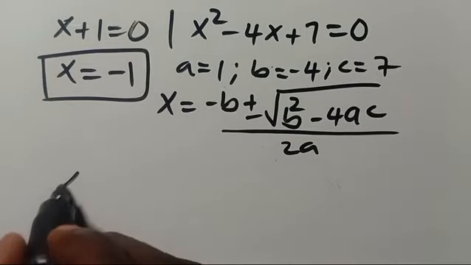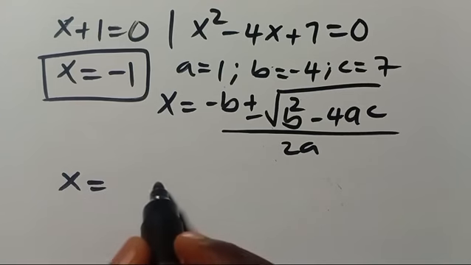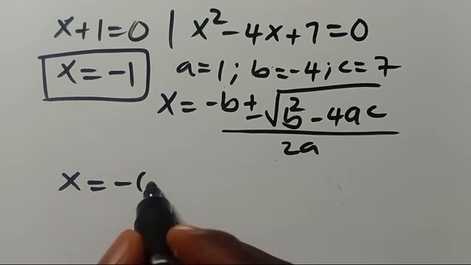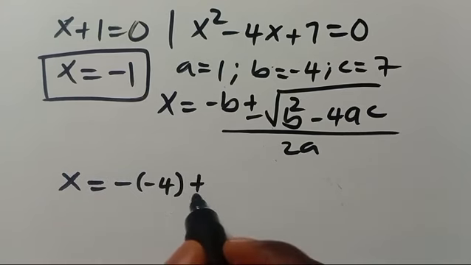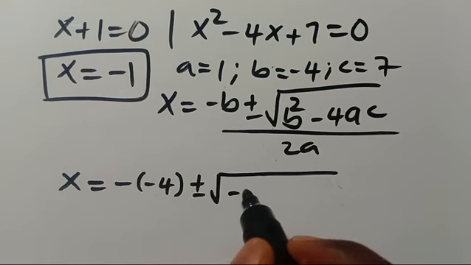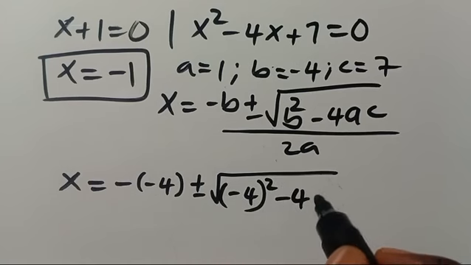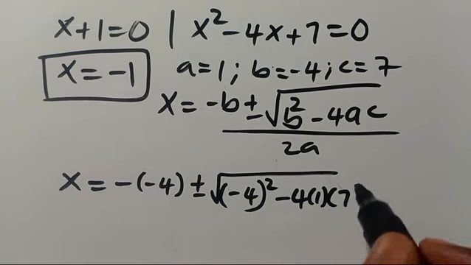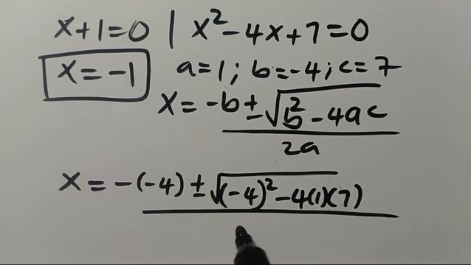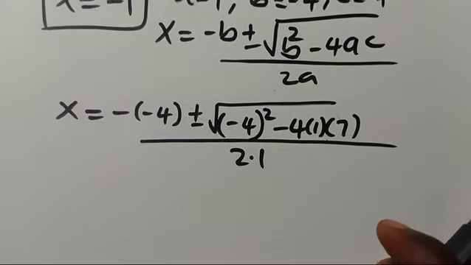So from here we have x equals minus into minus 4, positive or negative, root of minus 4 to the power of 2, minus 4 into bracket of a is 1, then c is 7, divided by 2 times 1.